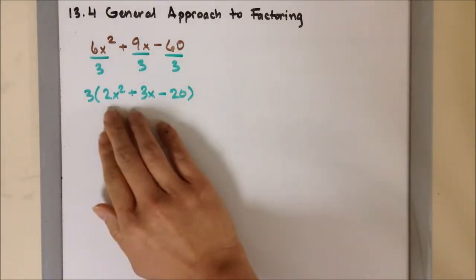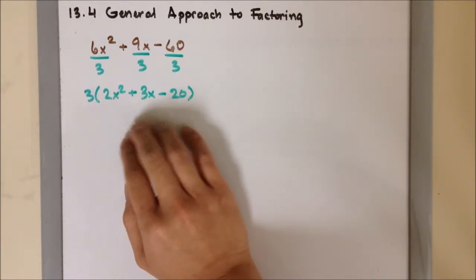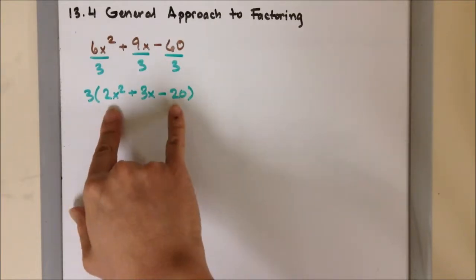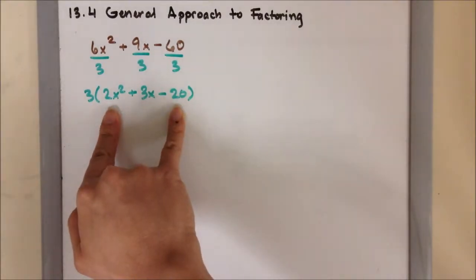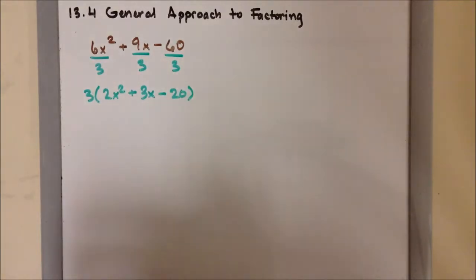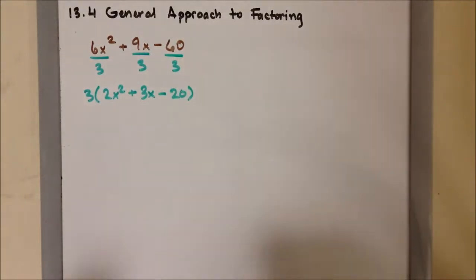Now inside the parenthesis is a trinomial. I know that this is not a perfect square because the first term and the last term are not perfect squares, and this also fits for difference of squares. So this would be a trinomial. I'm going to factor using the method for factoring trinomials.